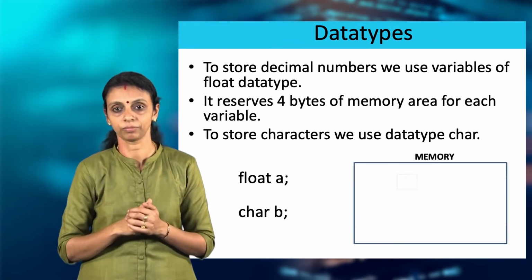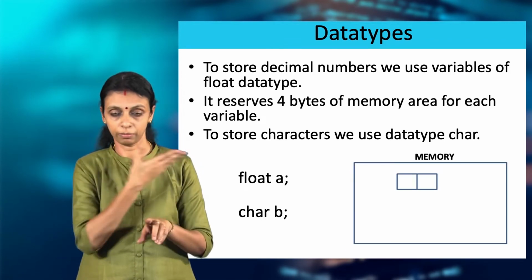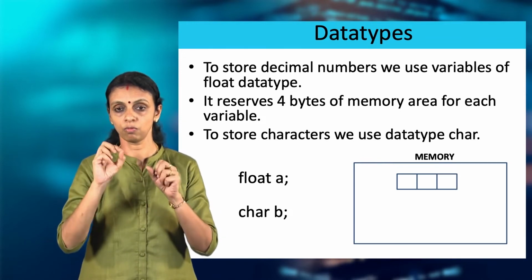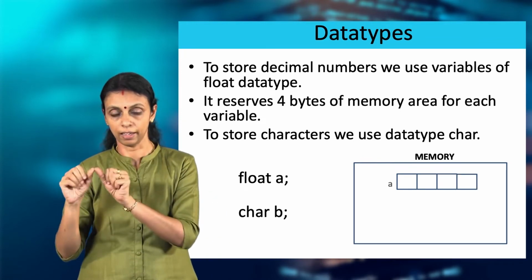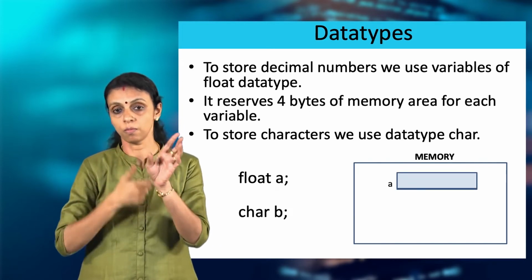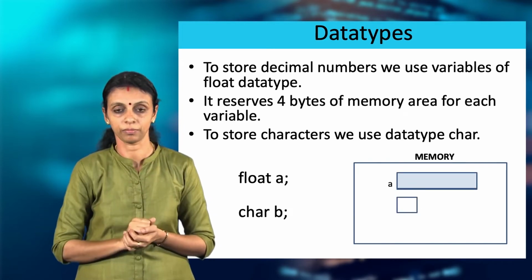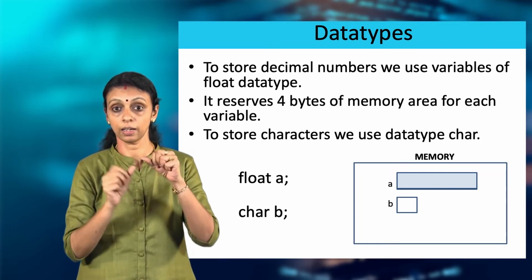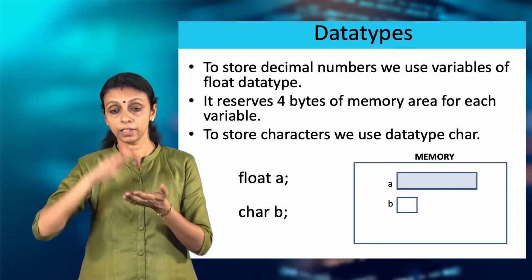In this example, for float A, 4 bytes of memory are reserved to store a float value. Char B reserves 1 byte of memory to store a char value.